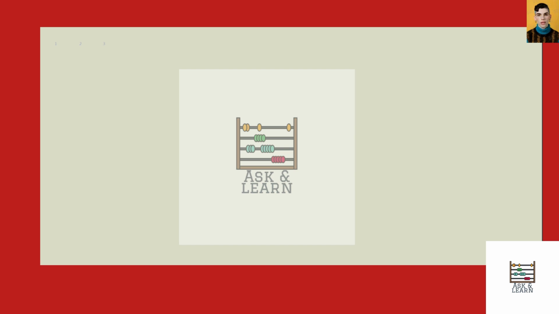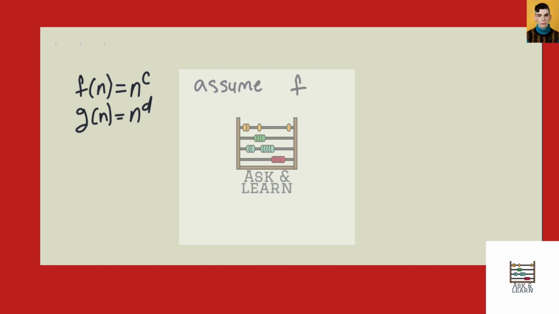Now we have the second part to this, right, where we switch the functions. So instead, we'll have f of n equal n to the power of C, and our g of n will be n to the power of D. So in this case, we're going to assume that f is big O of g, right?